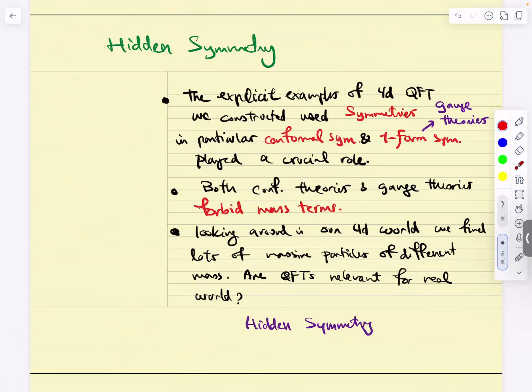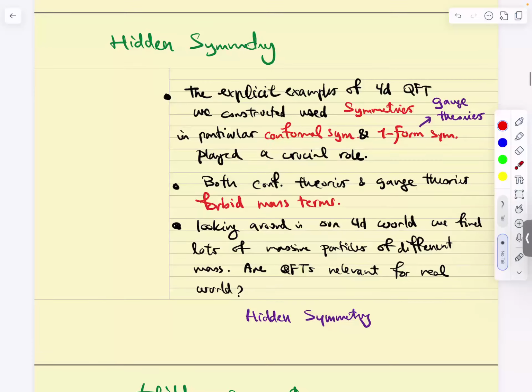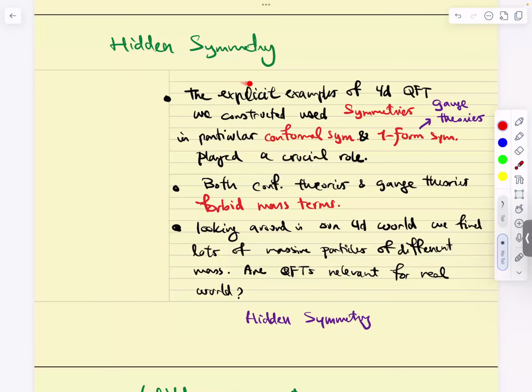We're going to completely change gears and talk about something else. Let's go back to everything we said before. So what did we do? A huge part of this course so far has been trying to build explicit examples of four-dimensional quantum field theories. We achieved that using symmetries. There are two classes of such theories. One we discussed in more detail: one-form symmetries, gauge theories.